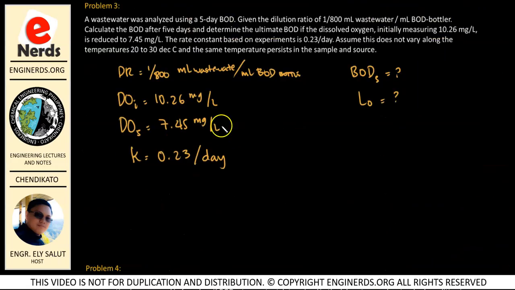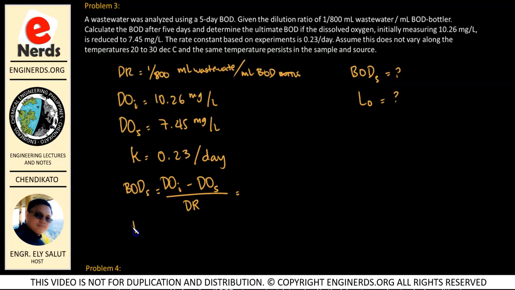So, we have BOD5 is equal to initial dissolved oxygen minus the dissolved oxygen after 5 days over our dilution ratio. So, substitute natin yung mga values natin, no?